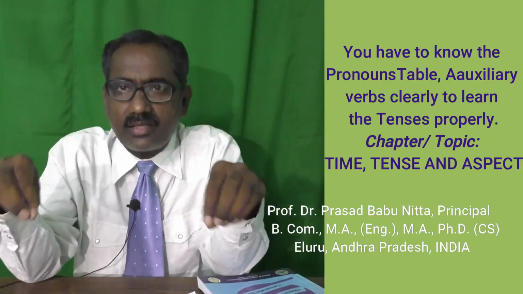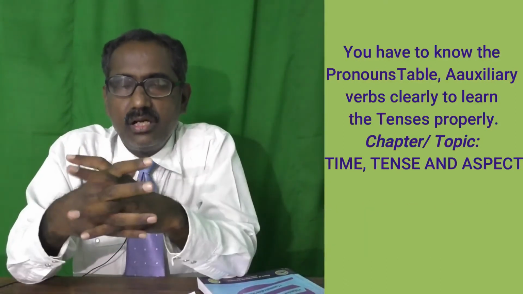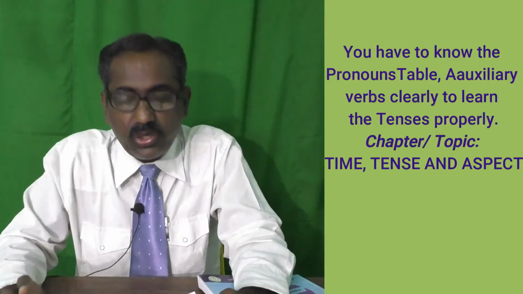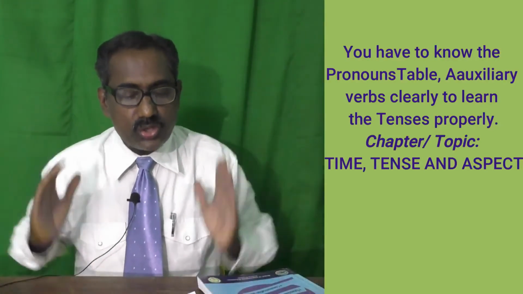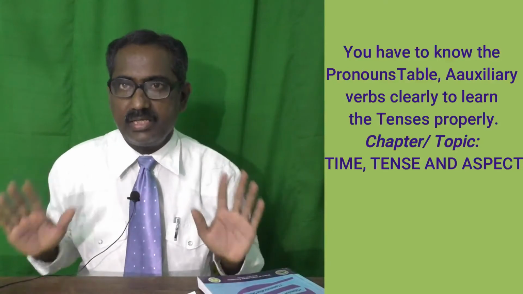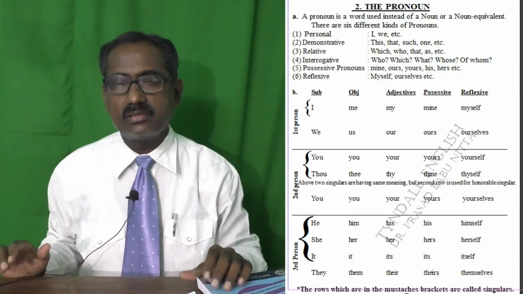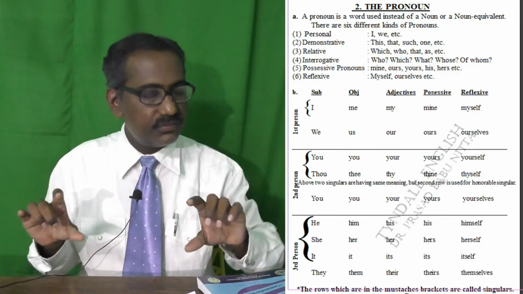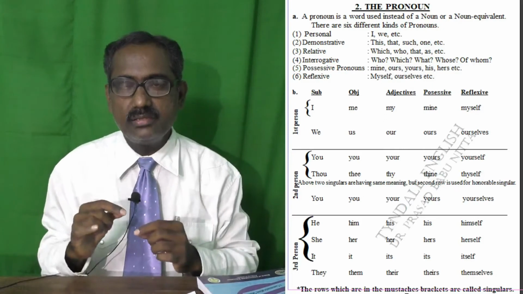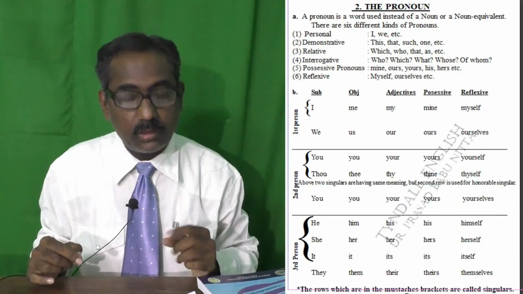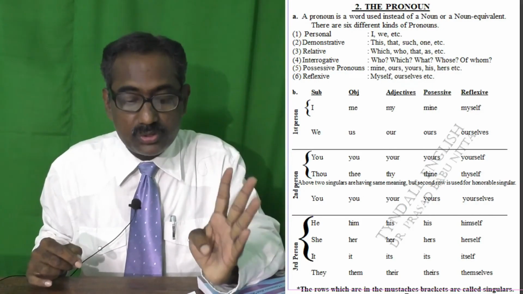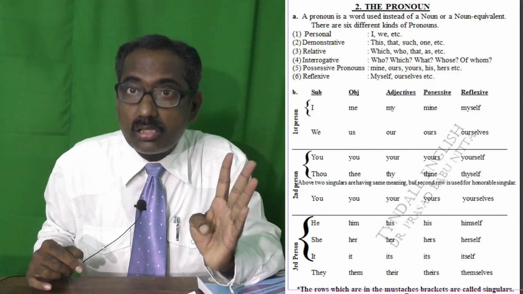Before learning the tenses clearly, you have to know one thing: a pronouns table very clearly, because you have to know what is the first person, the second person and the third person. Third person singulars are very important to learn tenses clearly. Number one, pronouns table. Number two, all auxiliary verbs.